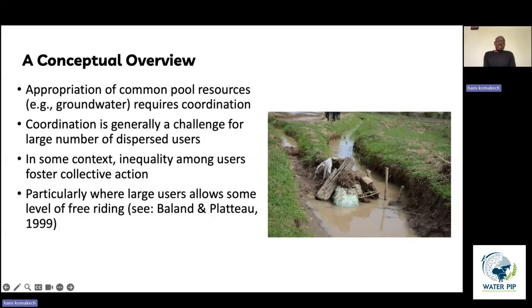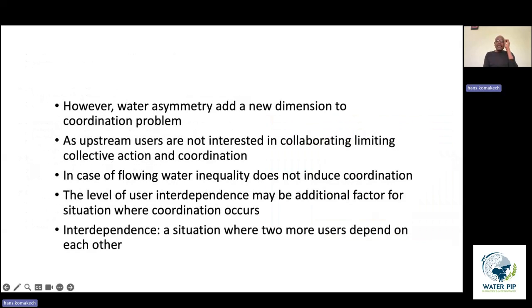But that's in a case where we're talking of common pool resources like groundwater, which does not lead into an asymmetric situation. But if we're looking at a case where there is asymmetry in water access or water flow, then there is a new dimension to coordination that has to come in.